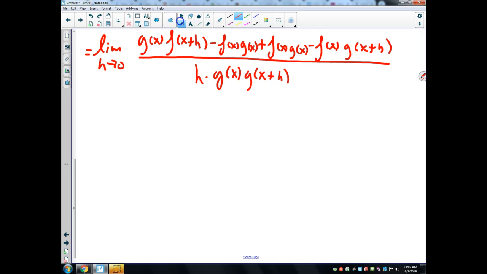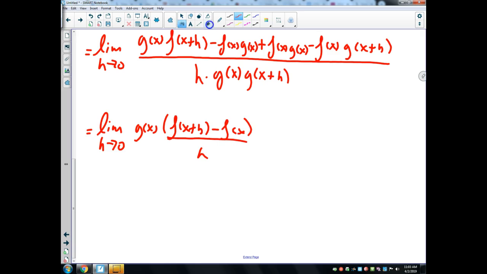Because look at the first two terms in the numerator. Isn't there a common factor of g of x? So if you factor out g of x in the first two terms, you're left with f of x plus h minus f of x. And it's over h, isn't it? Okay.